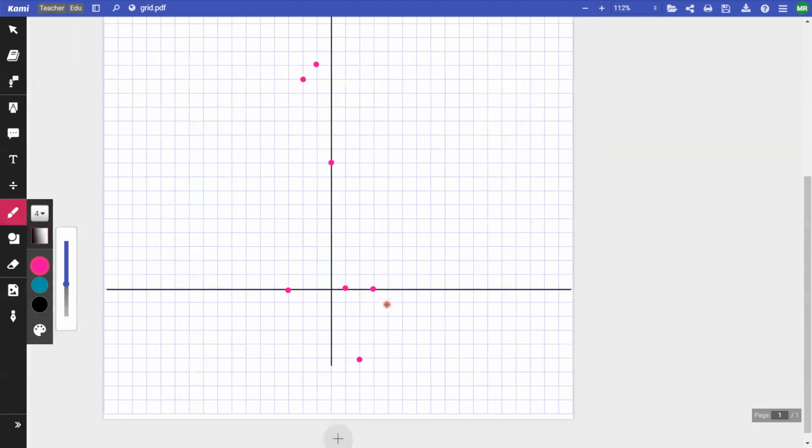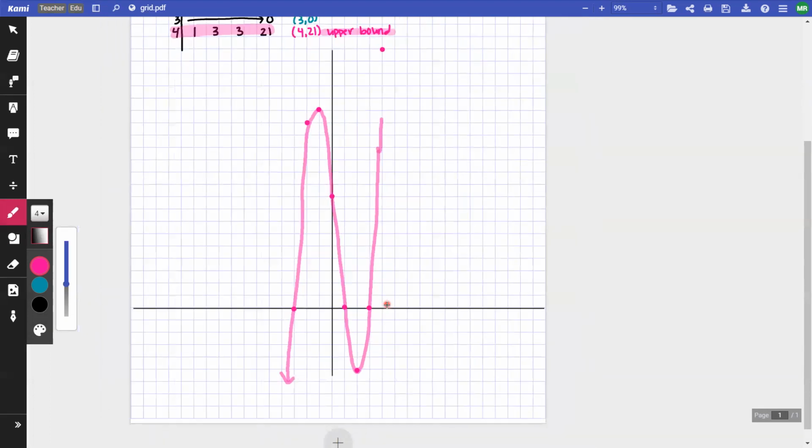For this, it's going down here, going to come up, going to go through, going to come back down, going to come back up, and going to go through. And that's my graph.